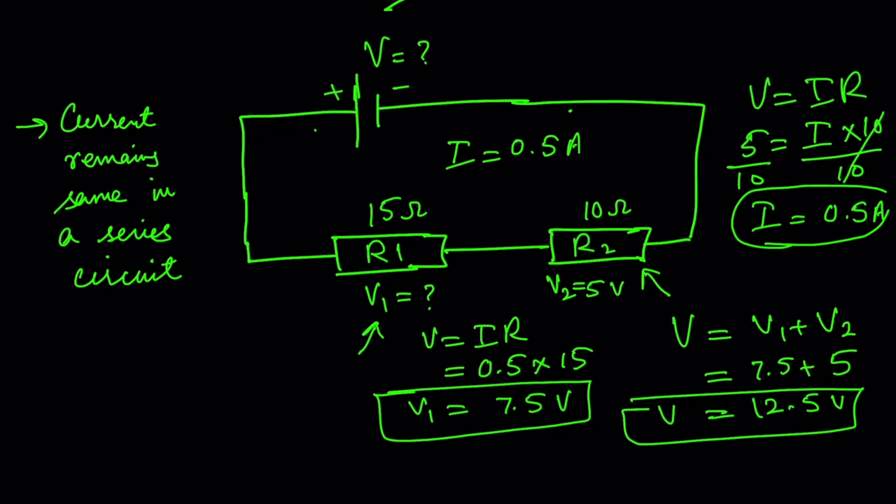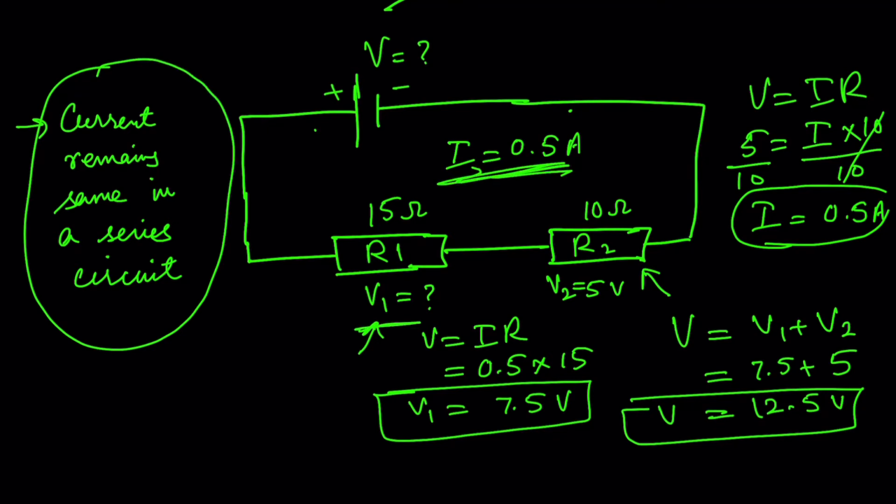So this is how we'll use the concept. We have just used the concept that current remains the same in a series circuit to find out the total current, the voltage across R1, and the total voltage across the battery, right? That's just an example of how you can use the concepts for the parallel circuit or the series circuit to work out your required current, potential difference, or resistors.